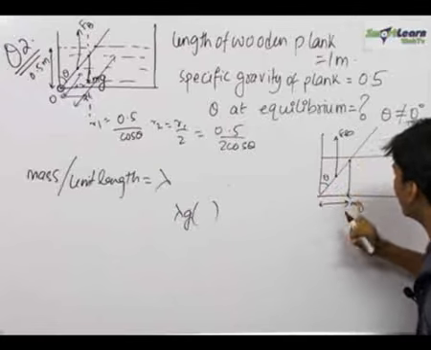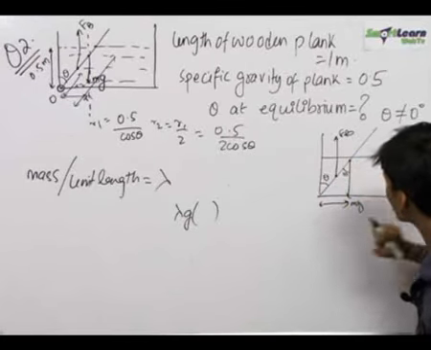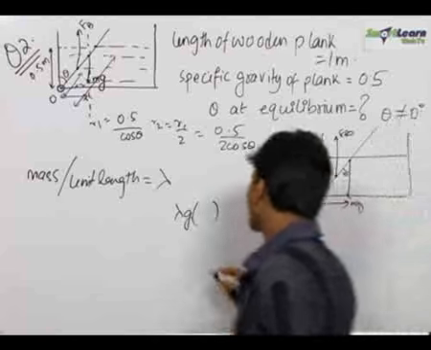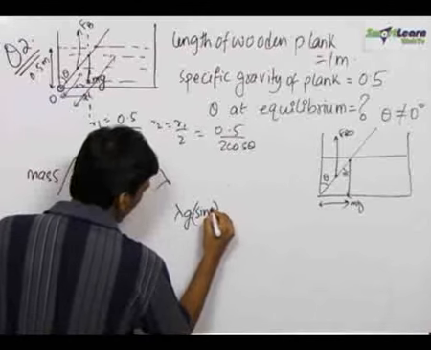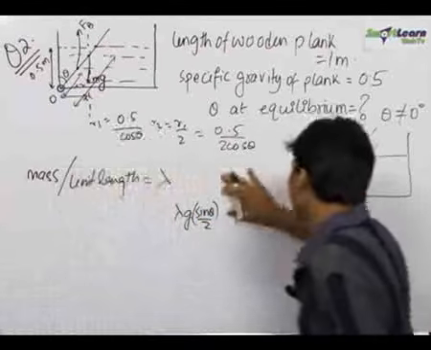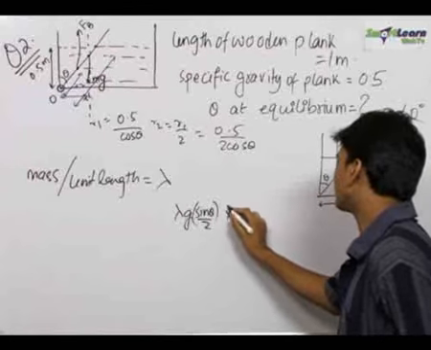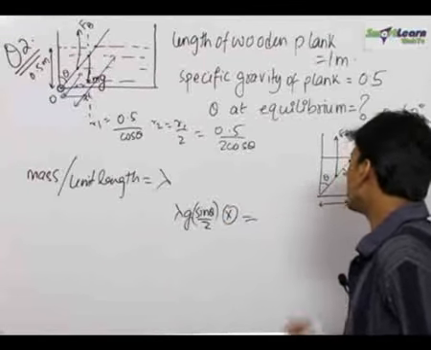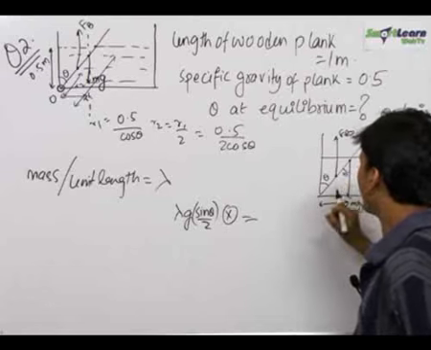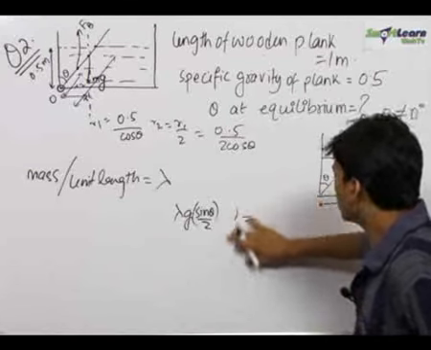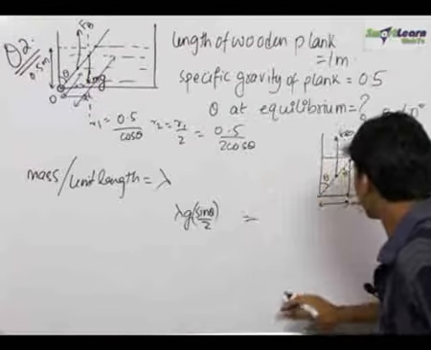This was half meter. Therefore this is half cos theta. Therefore this is half sin theta, that is sin theta by 2. Therefore lambda g sin theta by 2 is the torque of mg in the inward direction. This should be equal to the torque of FB in the opposite direction. So we forget the directions, now we just equate the magnitudes.